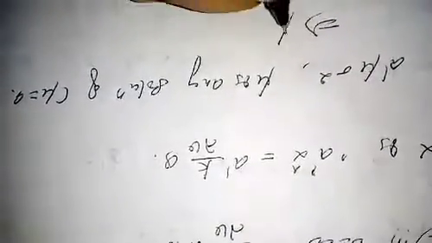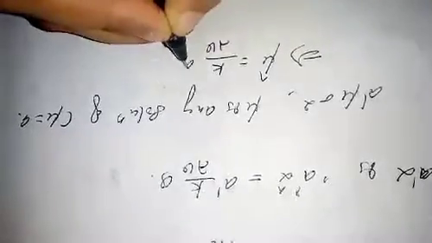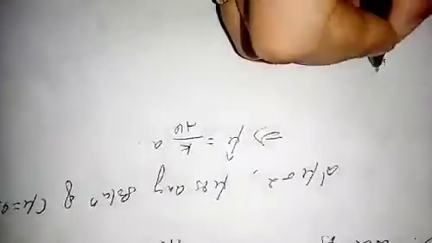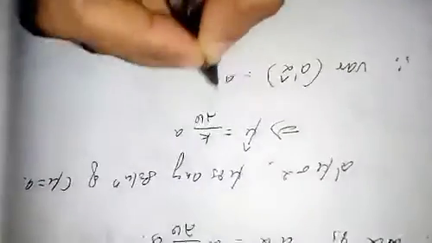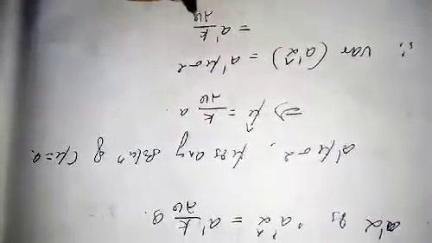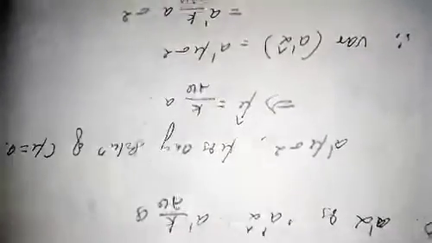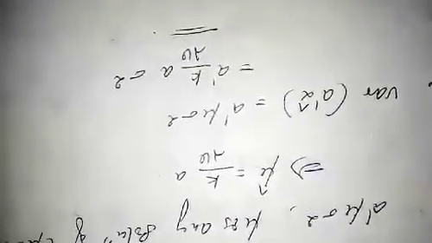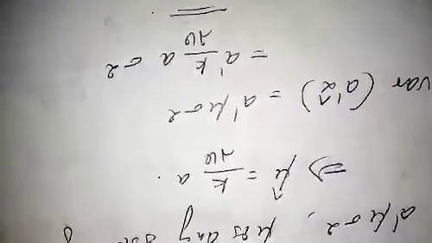Which implies that mu cap equal to K divided by lambda V A. Therefore, the variance of the best estimate of the treatment contrast equals A dash mu sigma square, equal to A dash, here the mu value is K by lambda V A, and sigma square. This is the variance of the best estimate of the treatment contrast A dash alpha in BIBD.